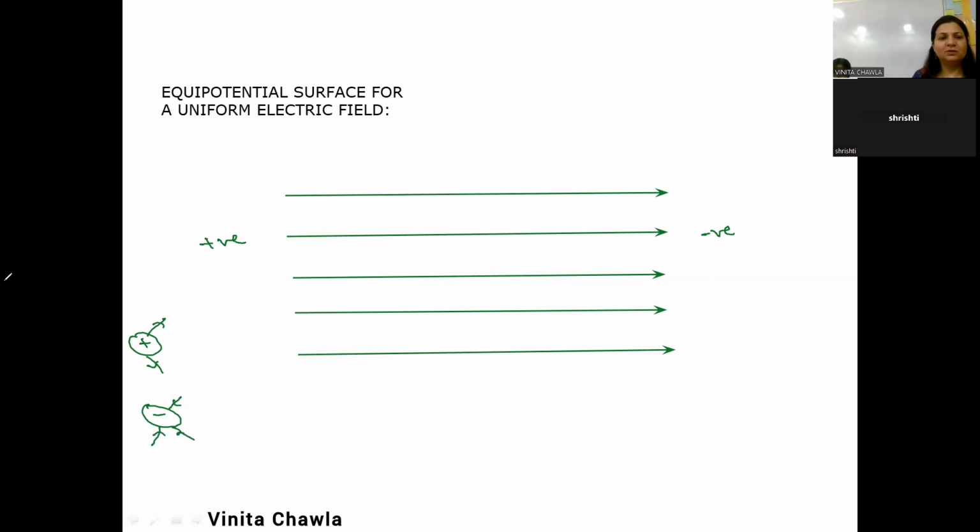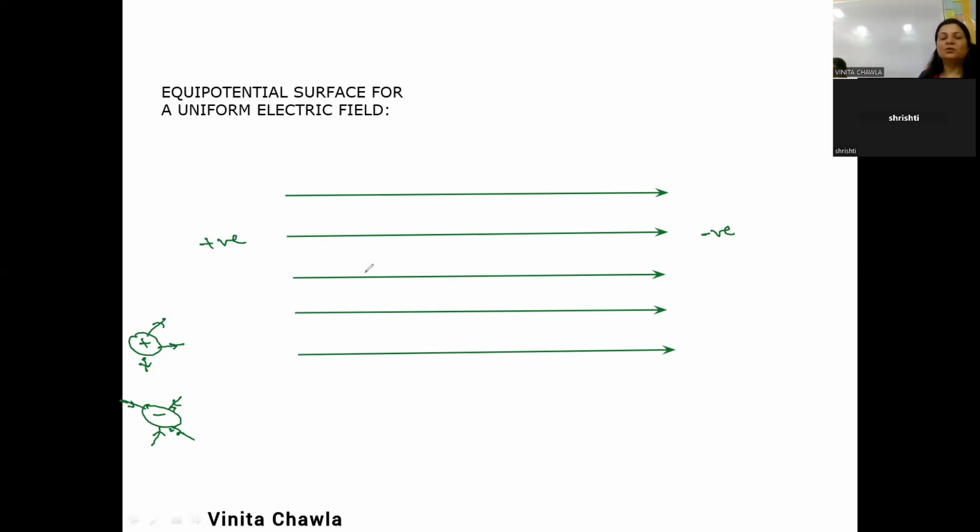And they are always perpendicular, so this angle should look 90 degrees every time you draw an electric line of force.